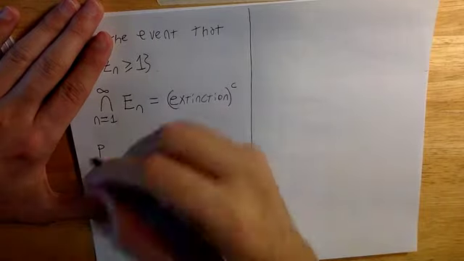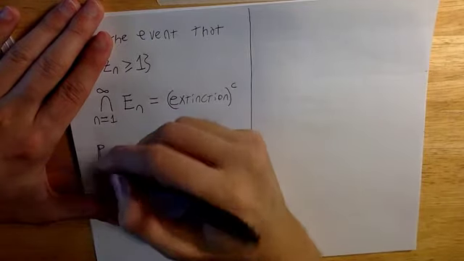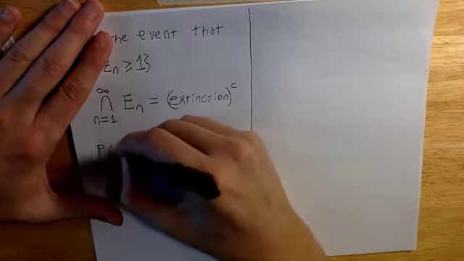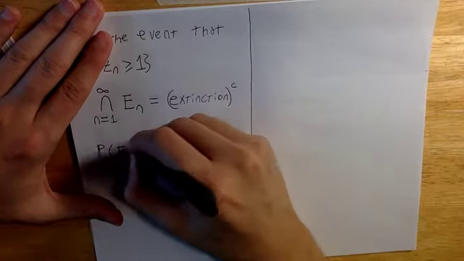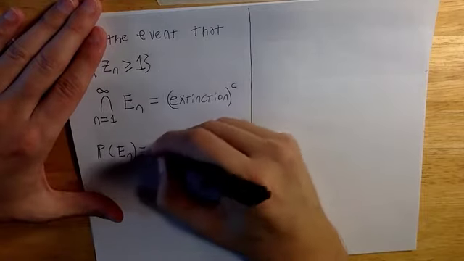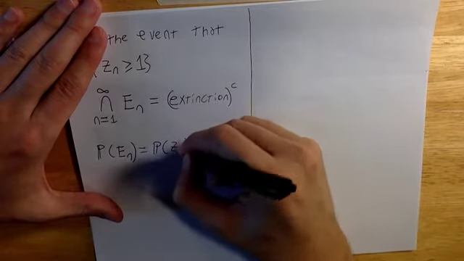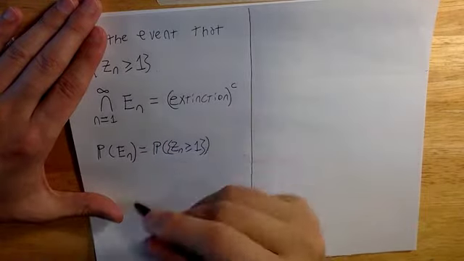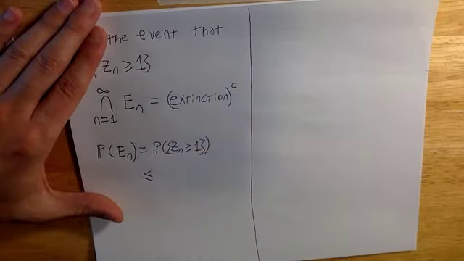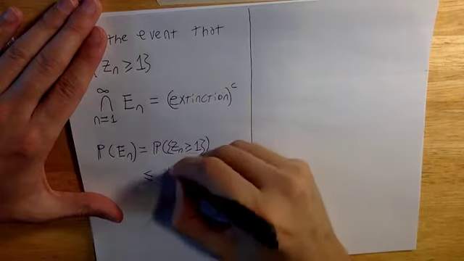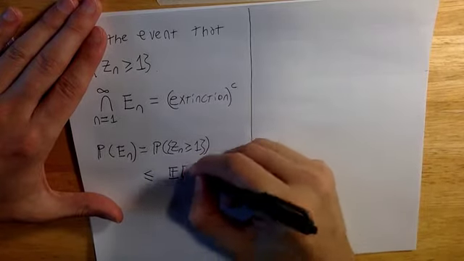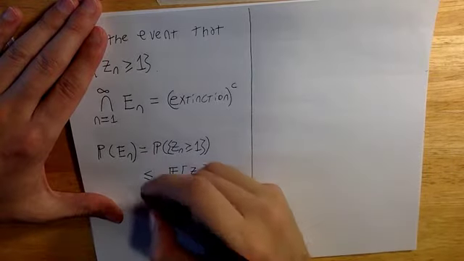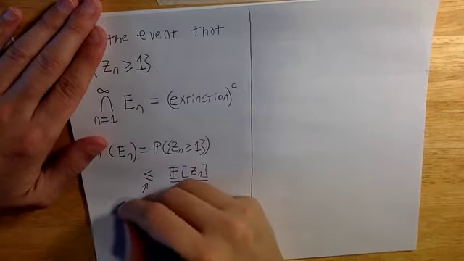The probability of En, so the probability that Zn is bigger or equal than 1, is less or equal than the expectation of Zn over 1. Okay, and this is Markov's inequality.